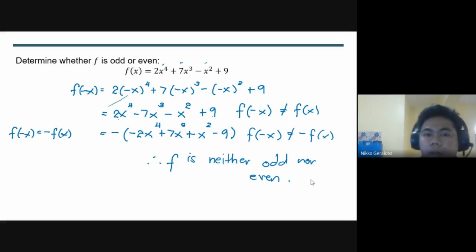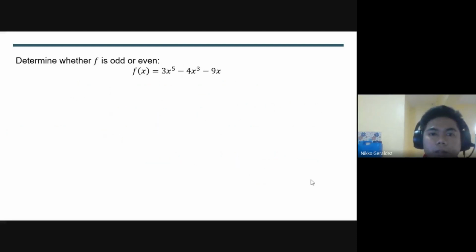Then, f of x equal to 3x raised to 5 minus 4x cubed minus 9x. Let's check. f of negative x equals 3 times negative x raised to 5 minus 4 times negative x cubed minus 9 times negative x.